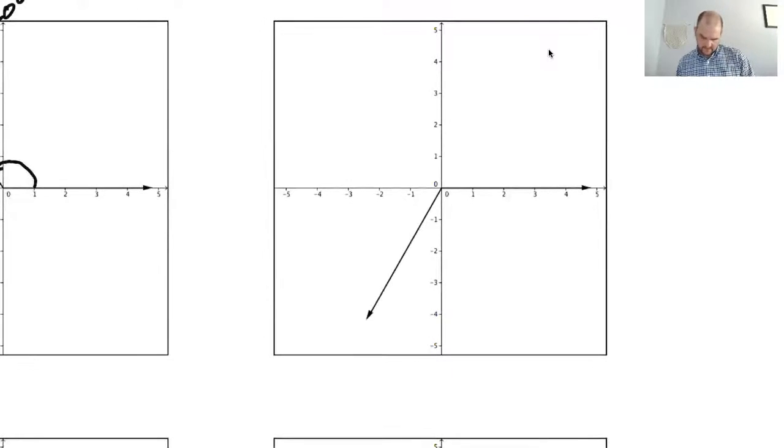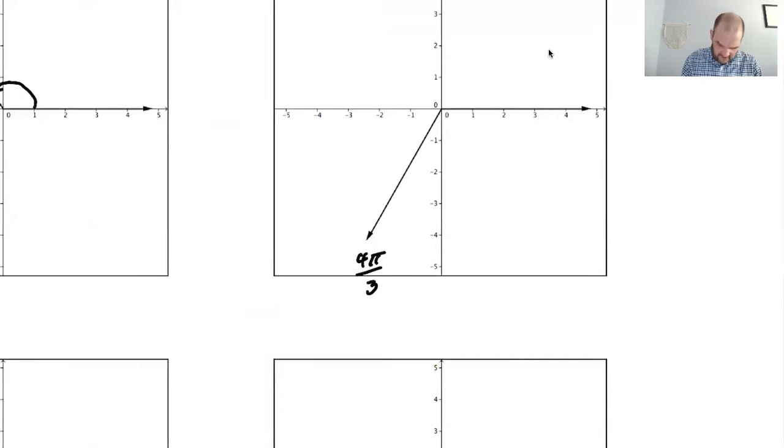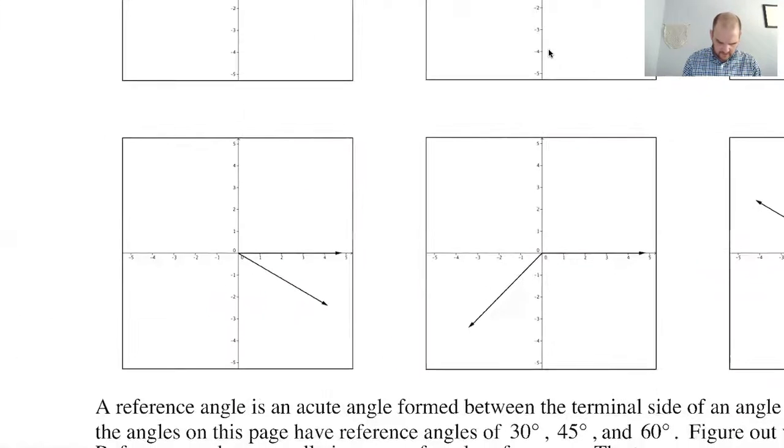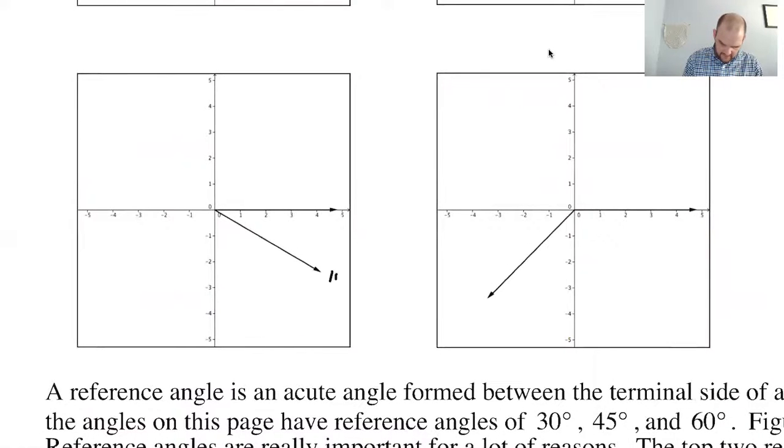This one is, okay, so it's 4 pi over 3. For some reason, I find the pi over 3s and the pi over 4s, it shouldn't be hard to tell, but for some reason I find it a little hard to tell. I don't really know why. Or 240 degrees. That's my least favorite angle. We get there by doing this. And this one is 11 pi over 6, or 330 degrees.